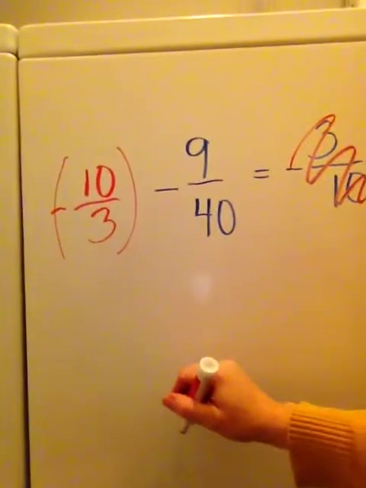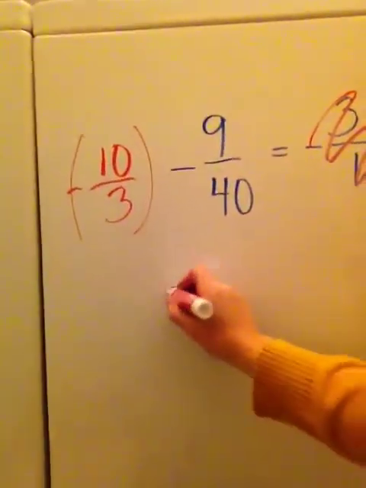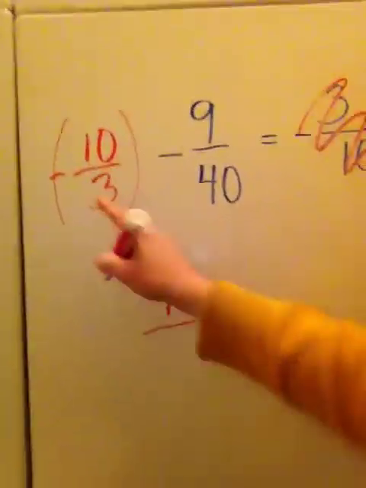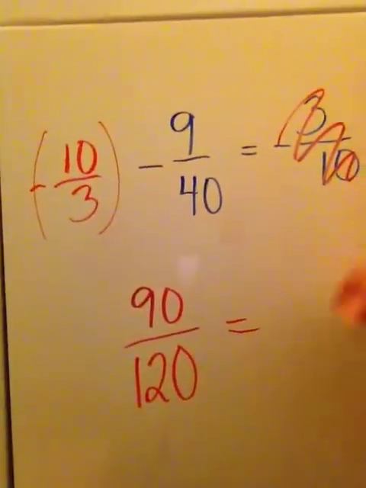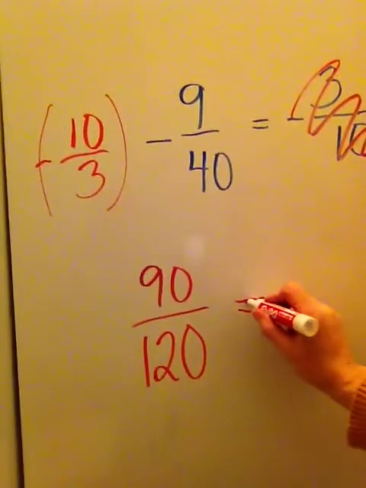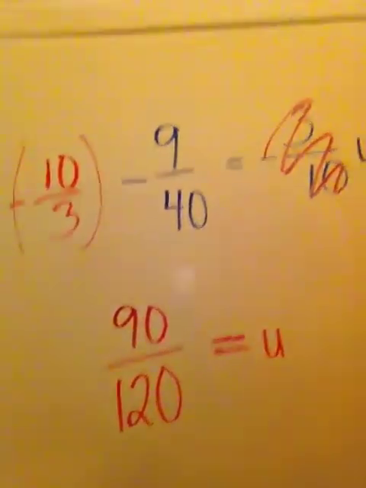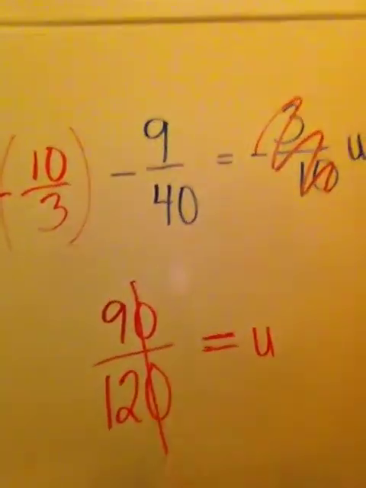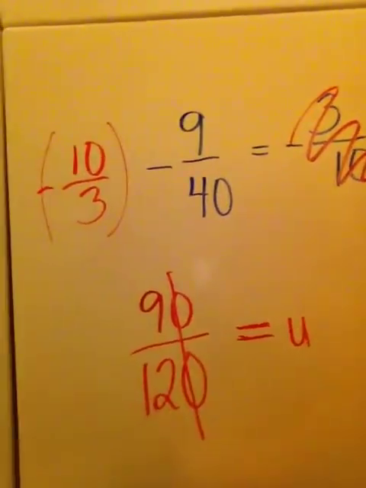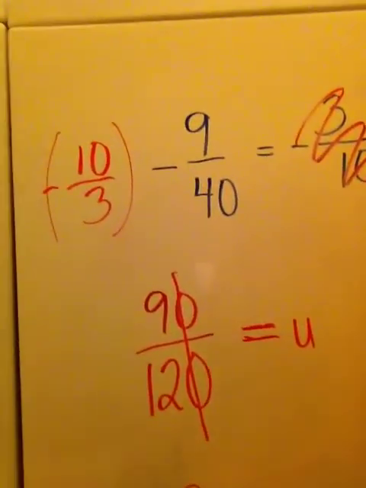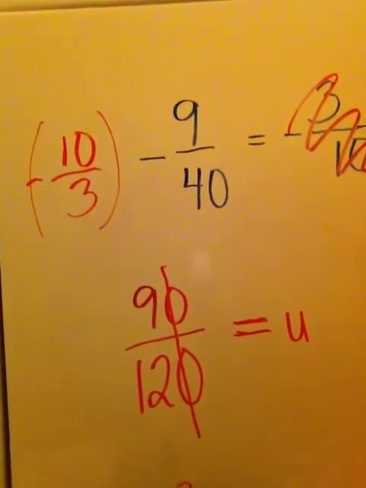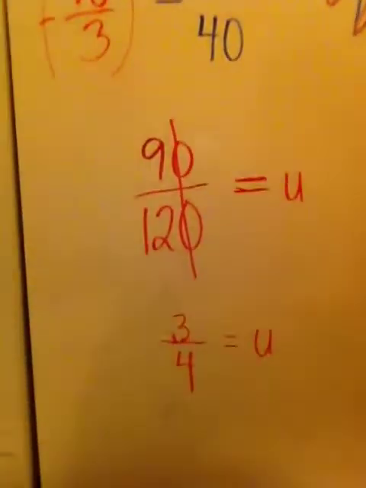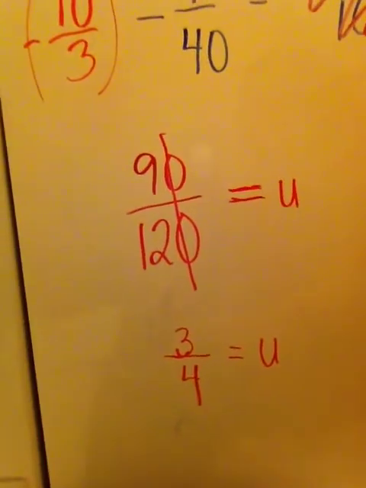Negative times a negative is a positive. 10 times 9, 90. 3 times 4, 12. 90 over 120 equals u. Reduce your fraction. Oh yay, we've got zeros at the end. 3 goes into 9 3 times. 3 goes into 12 4 times. So u is 3/4. Oh, can you see it? Okay.